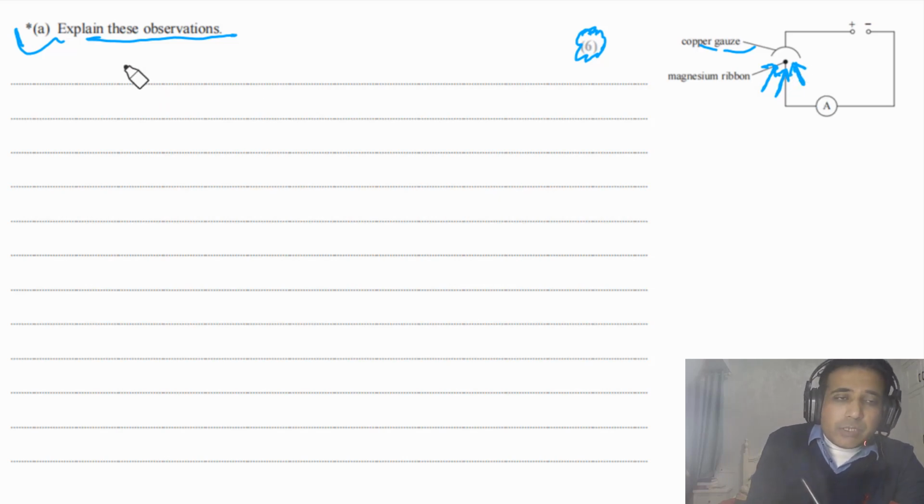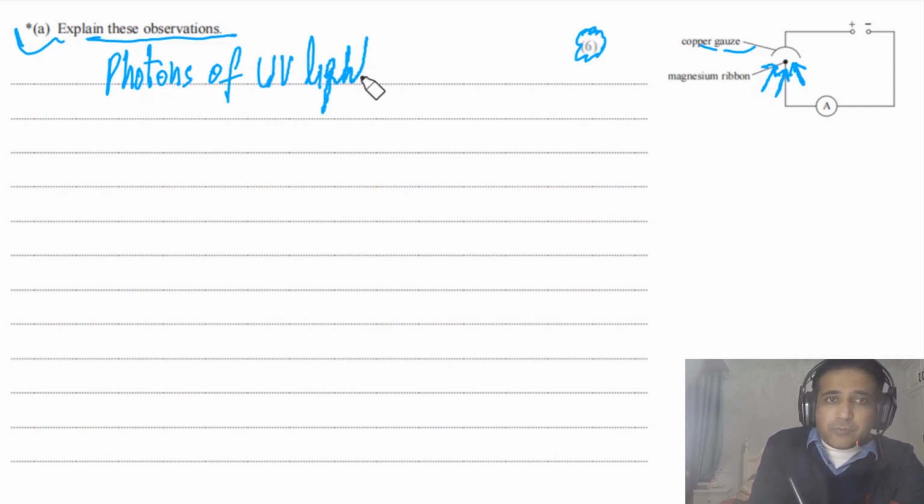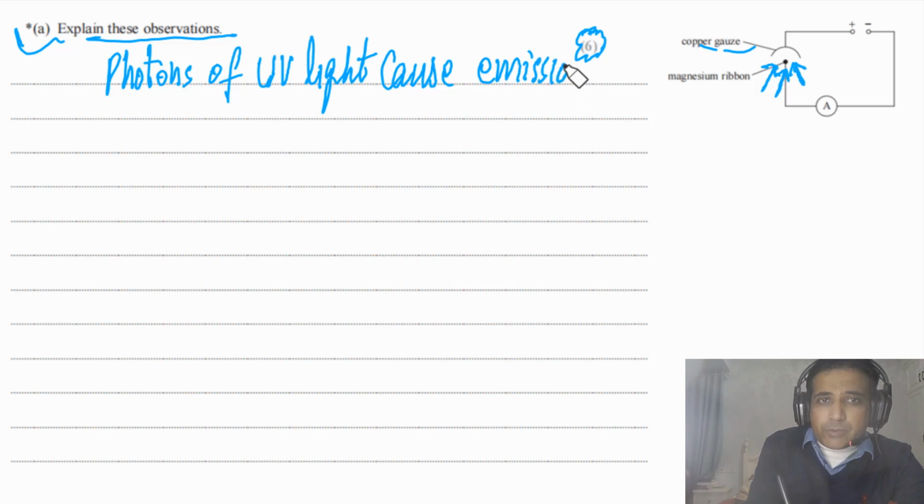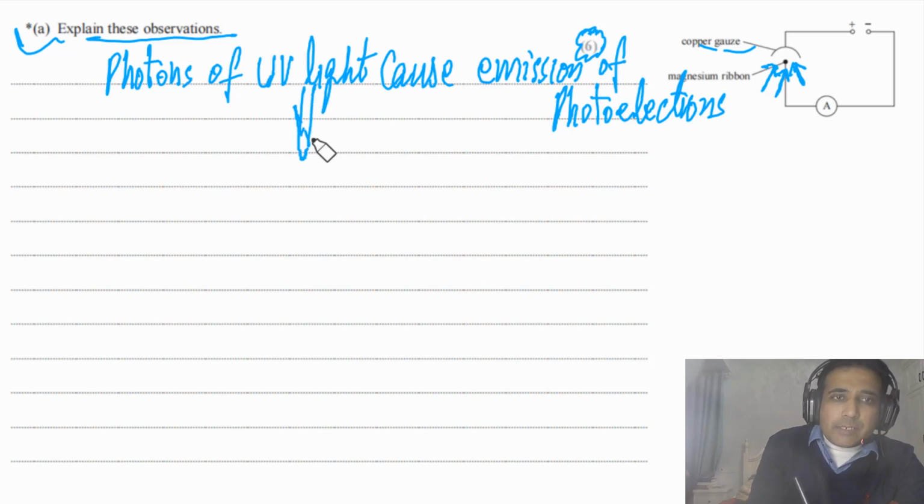So simply we can say photoelectrons are emitted, or we can say photons of UV light cause emission of photoelectrons. Photoelectrons simply means electrons emitted due to light, so we call them photoelectrons.